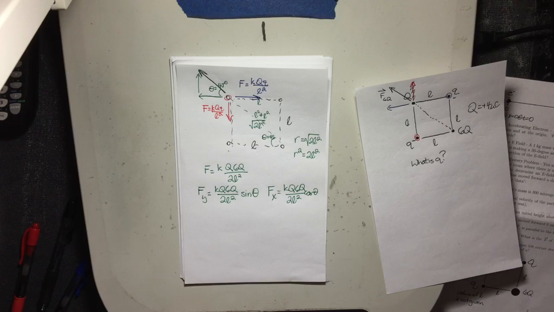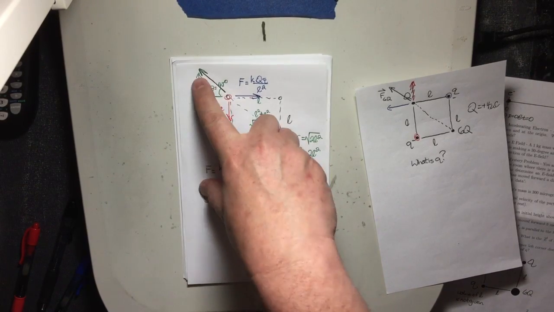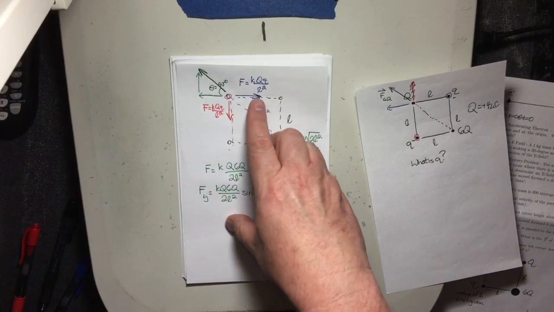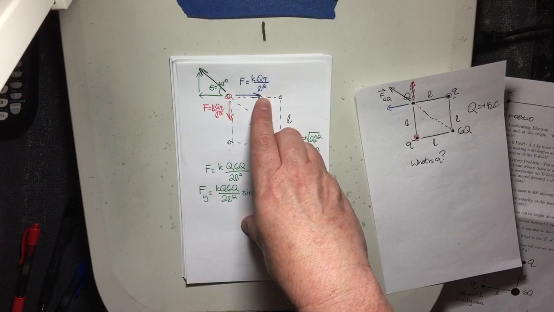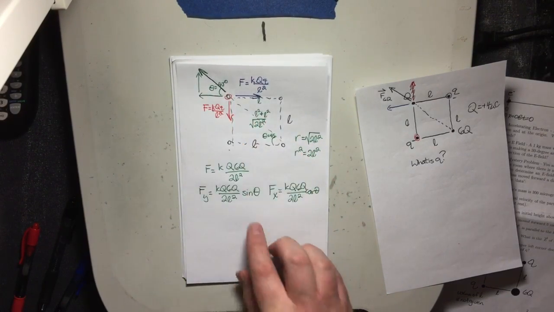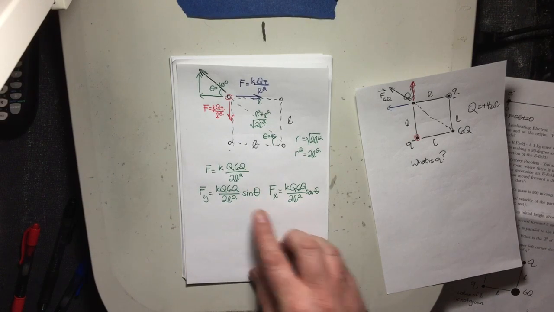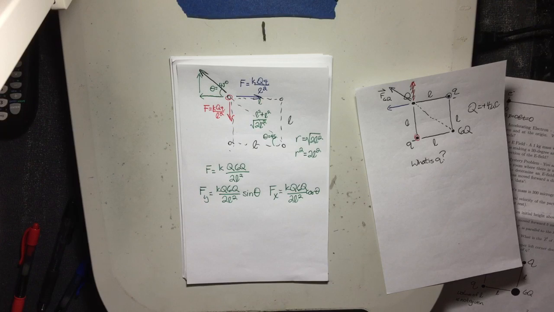And the one thing that we know is that that force has to cancel that. This force has to cancel that. Those forces are equal to each other. And in fact, you can see sine of 45 degrees, cosine of 45 degrees, you will get the same answer.